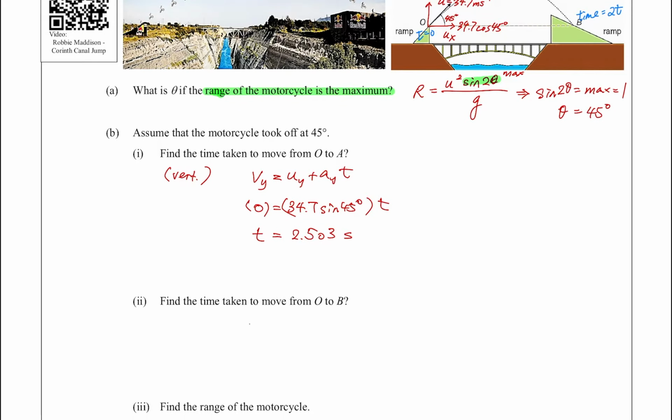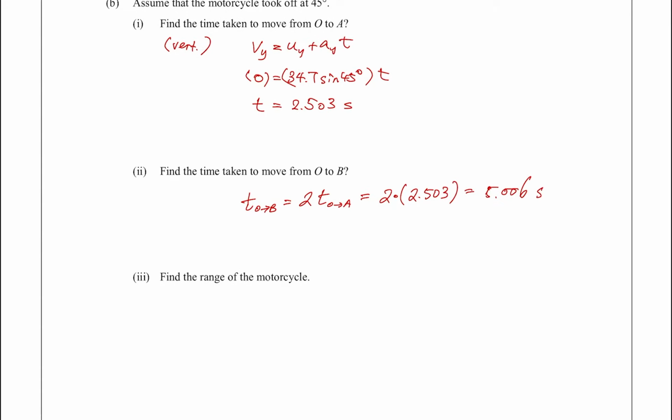So the time from O to B would be equal to 2 times the time from O to A. So 2 times 2.503 gives us 5.06 seconds.